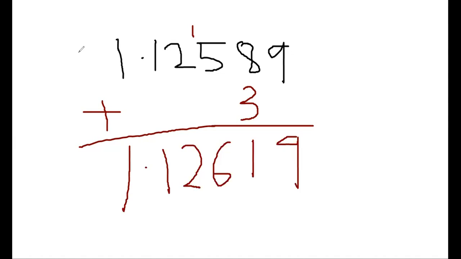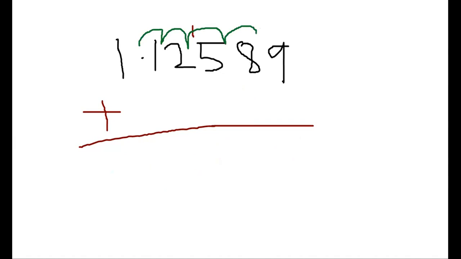Let me take another good example. What if I tell you to add 8 pips to that? Remember that you are adding 8 to the fourth value from the decimal. What exactly is the fourth value? 1, 2, 3, 4. The fourth value is 8. So let's say you are adding 8 pips to that.